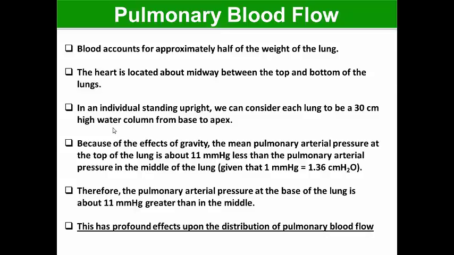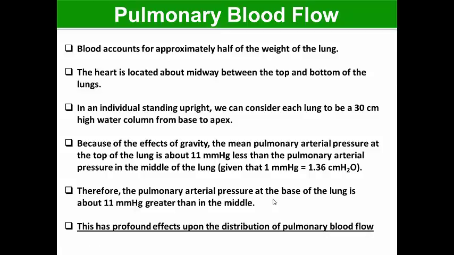Because of the effect of gravity, the mean pressure in the pulmonary artery at the apex of the lung is about 11 millimeters less than the pulmonary arterial pressure in the middle of the lung. And the mean pulmonary arterial pressure at the base of the lung is about 11 millimeters greater than in the middle of the lung.